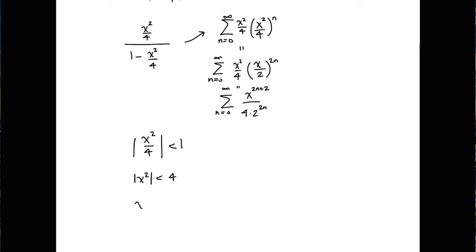X squared is always positive, so x squared will be less than 4 when -2 is less than x is less than 2. Square rooting both sides and taking into account the positive and the negative is how we get there. When it's equal to 1, we know that it's not convergent, so again we don't include the endpoints for the interval.